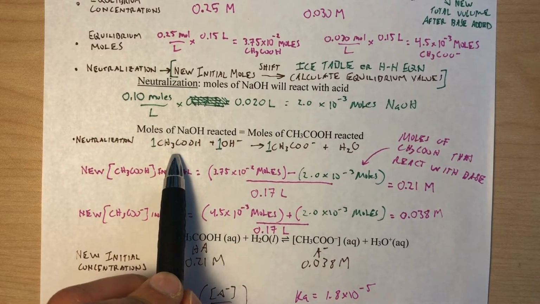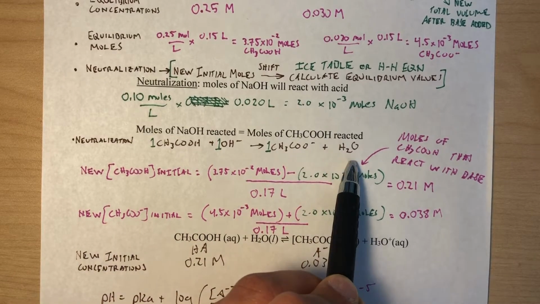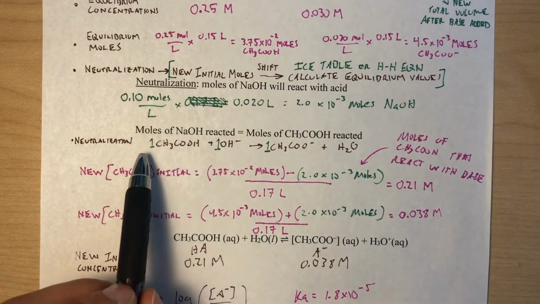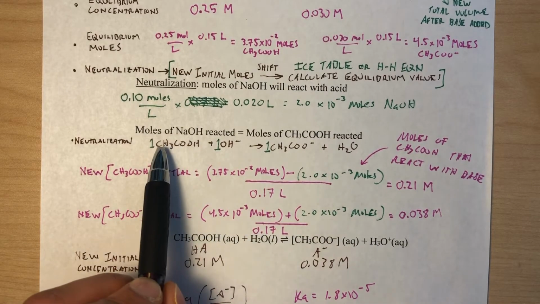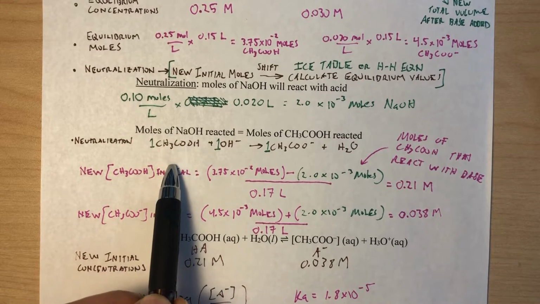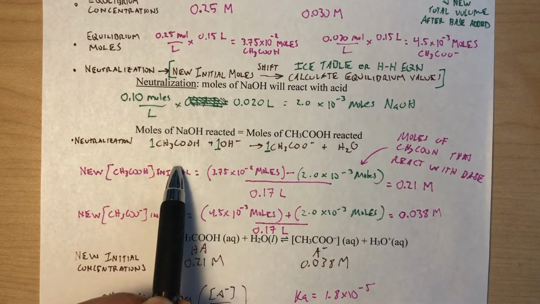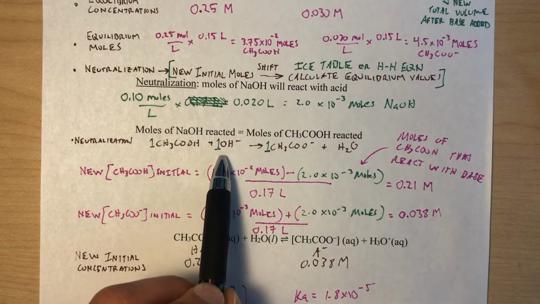So we have acetic acid reacting with hydroxide to form acetate and water. These are all in a 1-to-1-to-1 ratio. So as acetic acid reacts, that amount of moles is going to decrease, while simultaneously increasing our moles of acetate, our conjugate base, and our moles of hydroxide decrease.